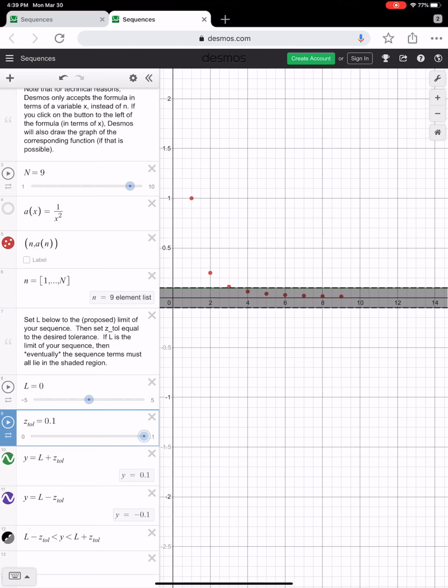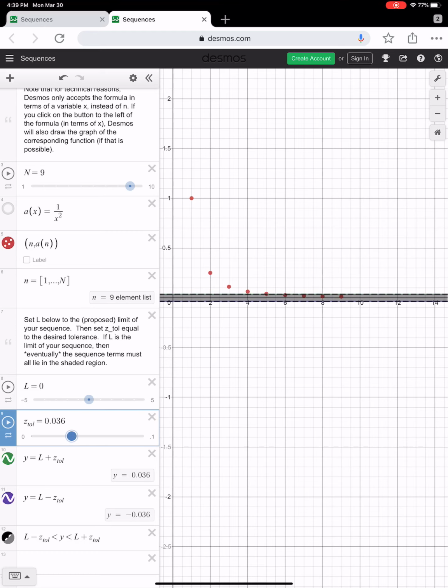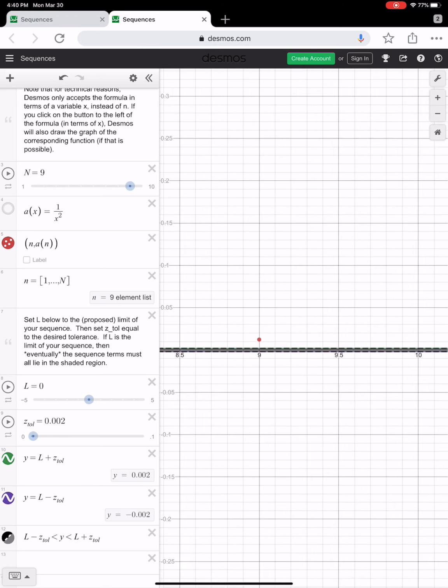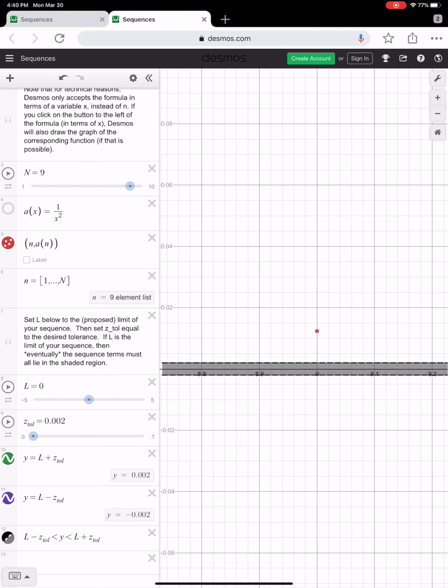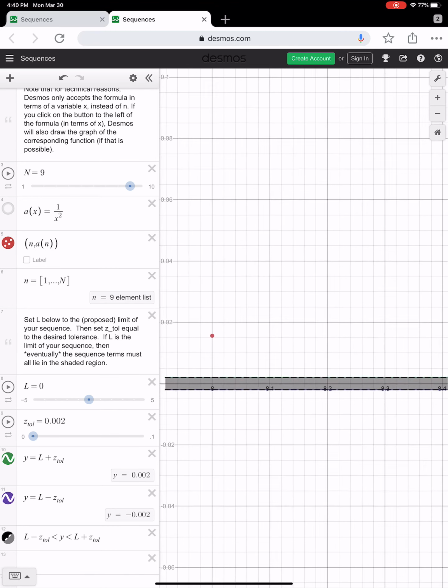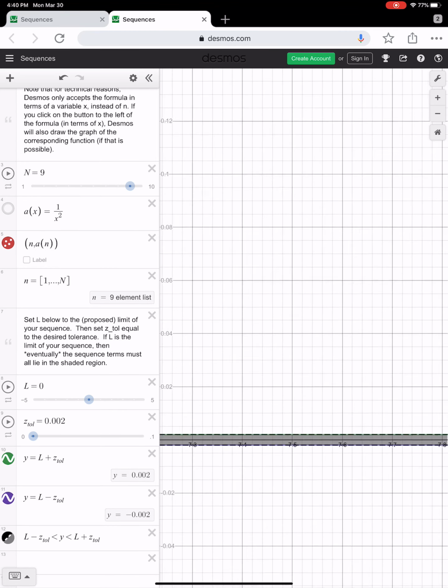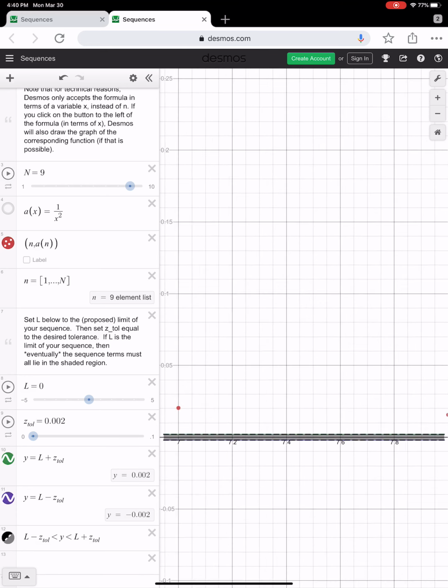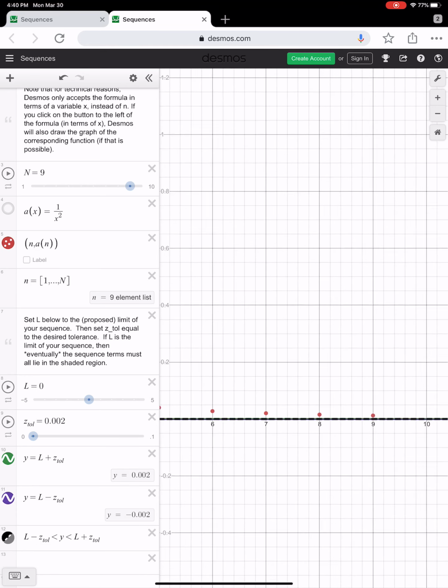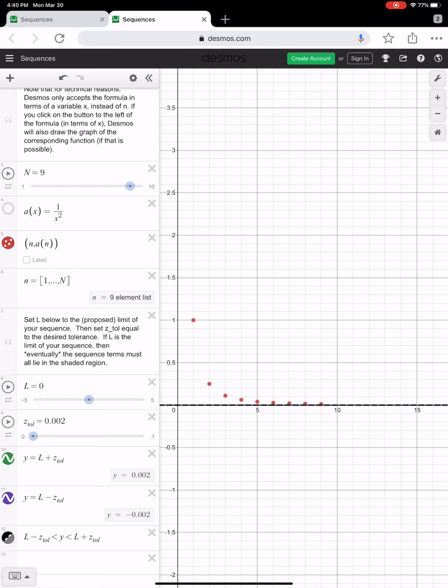If I was to make my tolerance even smaller, what you can see is that as I shrink my tolerance down, now my points don't lie in the collar anymore. So according to my definition of sequence convergence, what I need is to be able to find a point in the sequence after which my points all lie in this collar.